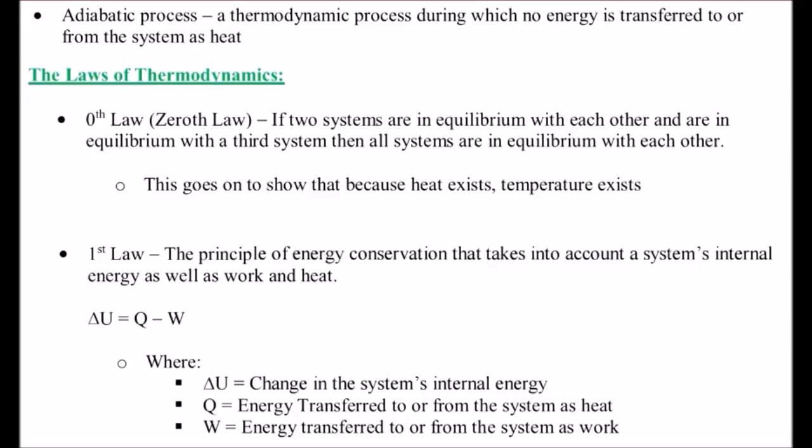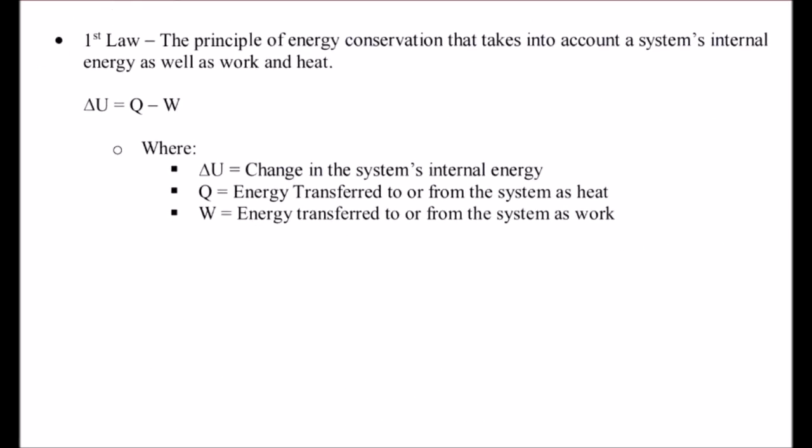Now, the first law, it's called the principal law, because principle means one. Anyway, it says that the internal energy and work and heat are all related to each other, and it gives us a formula for how they are related. And I believe this is a box equation.